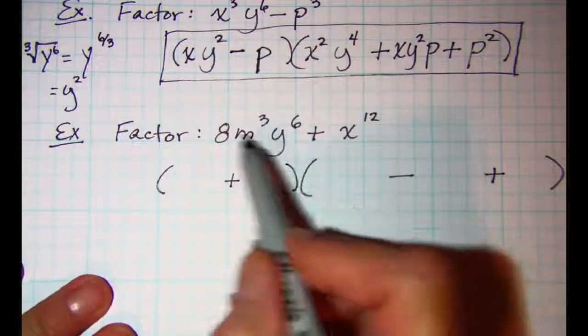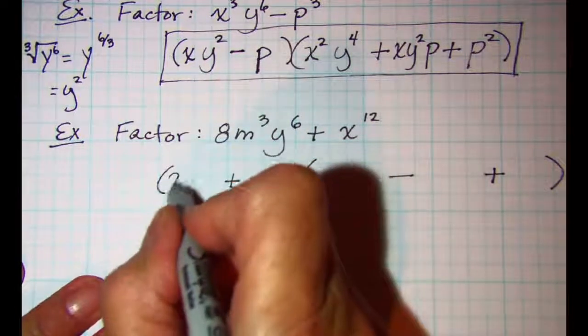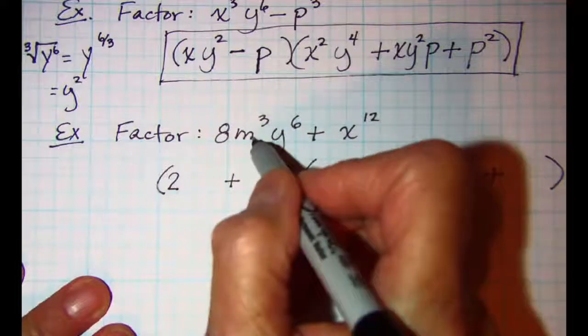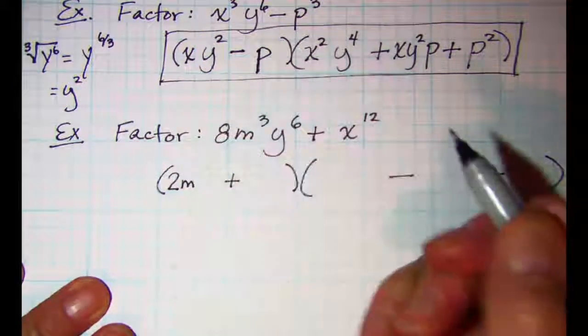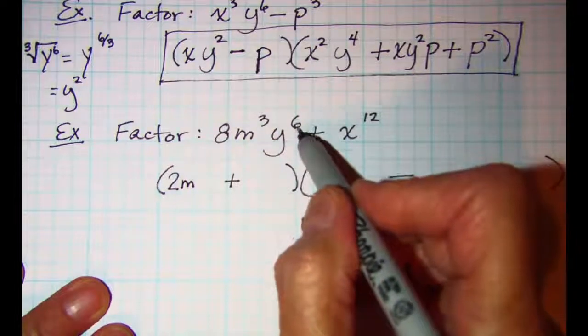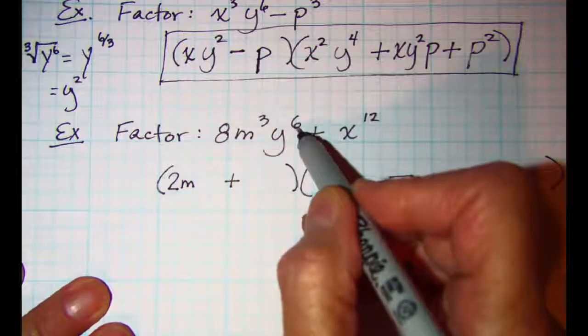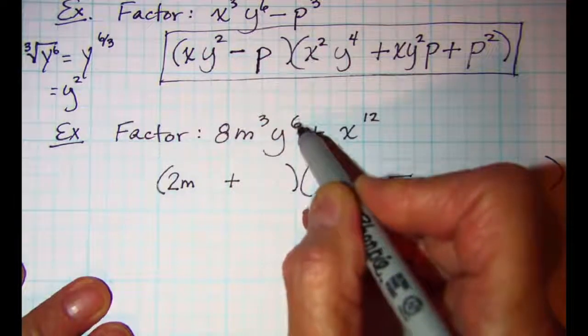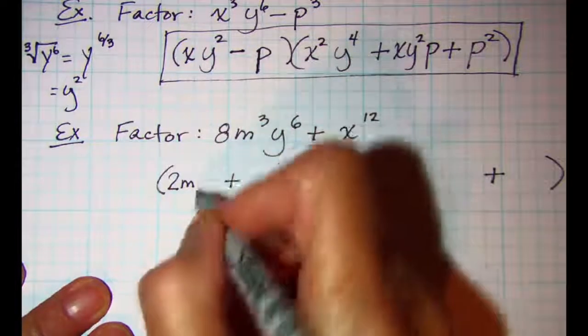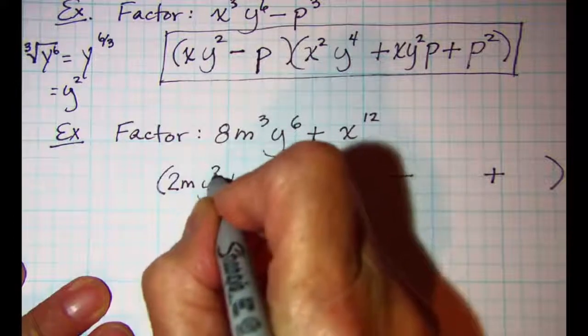The cube root of 8 is 2. The cube root of m cubed is m. And then I'm going to divide this exponent by 3 to get the cube root of y to the 6th power. 6 divided by 3 is 2, so this is y squared.